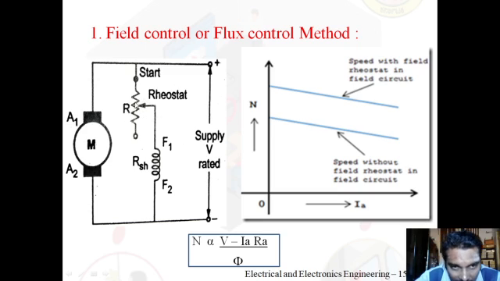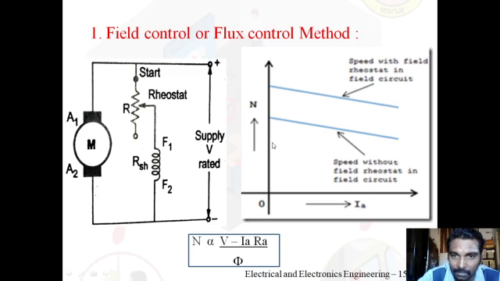Therefore, whenever the current decreases, we know that the flux which is produced by this field winding decreases. As this flux decreases, we know that the flux is inversely proportional to speed, so automatically the speed of the motor increases, because they are inversely proportional to each other. Whenever the flux decreases, the speed of the motor increases.